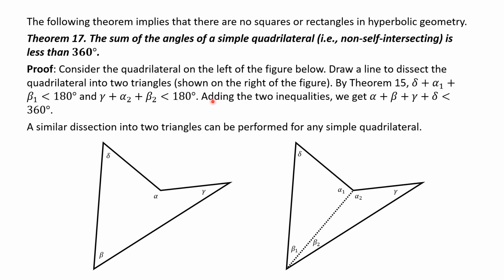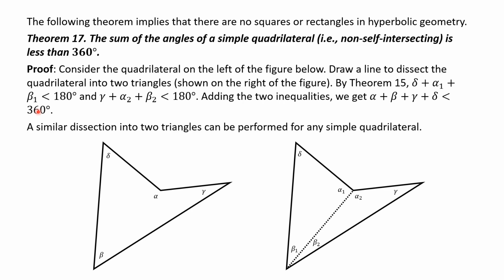And if we add these two things together, we're going to get delta plus gamma, and then these two add up to alpha, and these two add up to beta. So we get the sum of these four angles in the quadrilateral being less than 360.